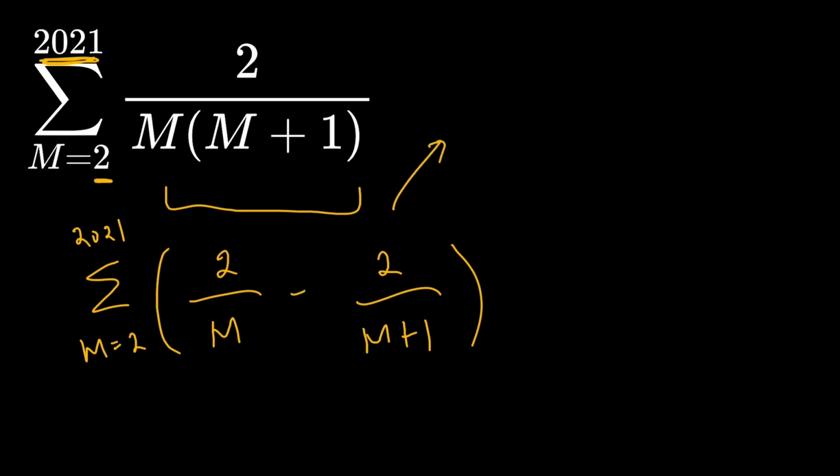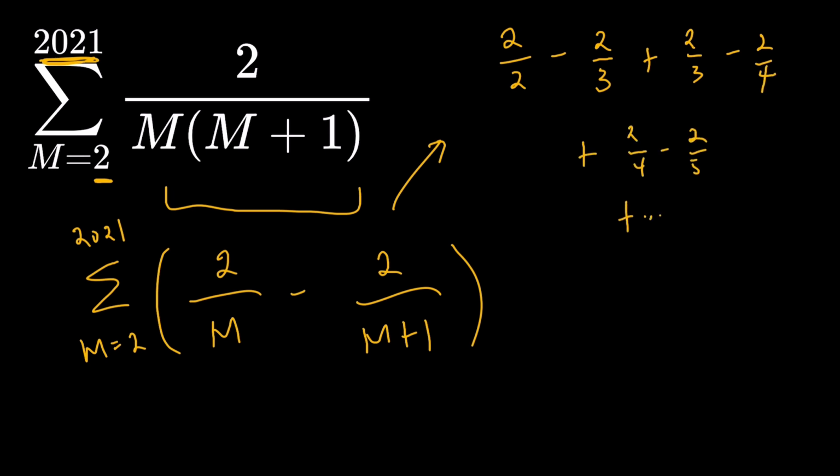So you could try to write the first few terms. So 2 over 2 minus 2 over 3. That's going to be when m equals 2. If m equals 3, it's going to be 2/3 minus 2/4. And you guys could see that I'm going to do this until the last one, m equals 2021: 2 over 2021 minus 2 over 2022.